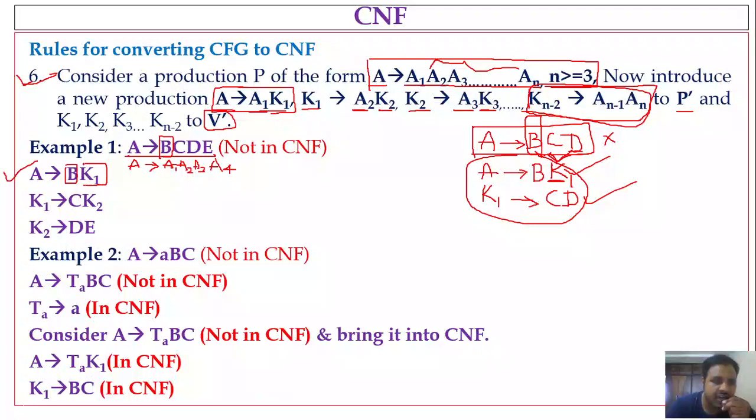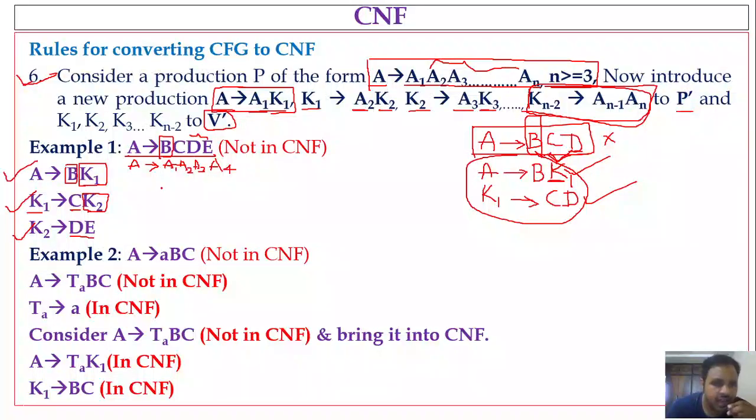Next, what does this K1 consist of? It begins with C, so C will remain the same. Afterwards we have two variables, but we can represent only one variable after C, so the DE part can be represented with a variable K2, right? Next, K2 denotes the remaining part, DE. Since we have exactly two variables, we can directly write K2 denotes DE.